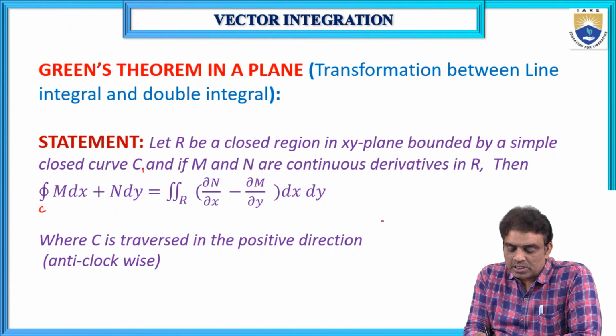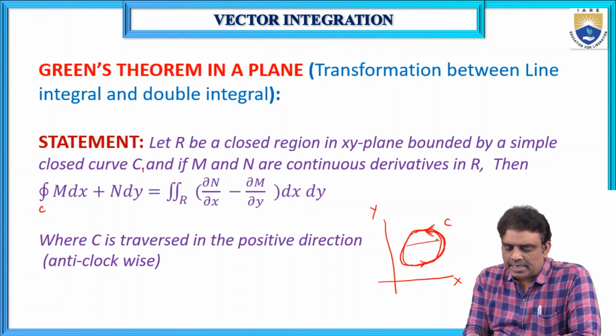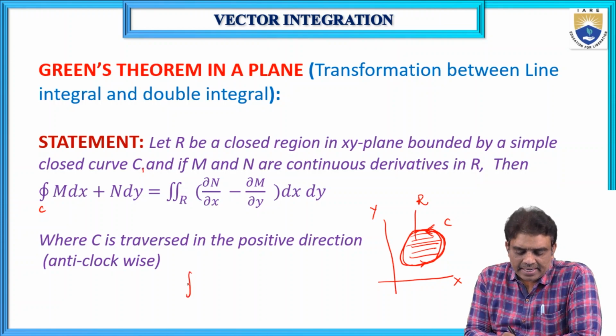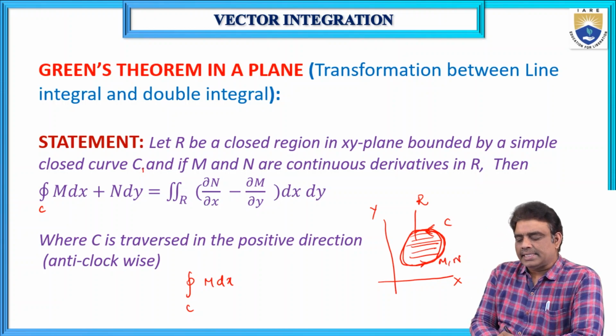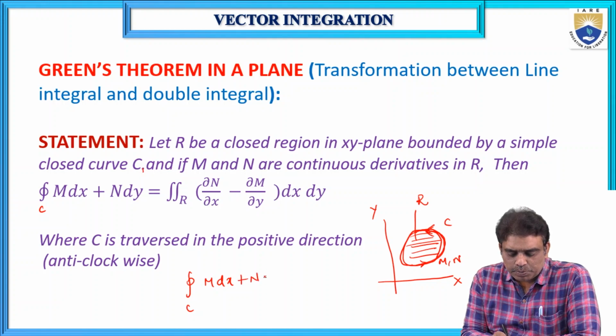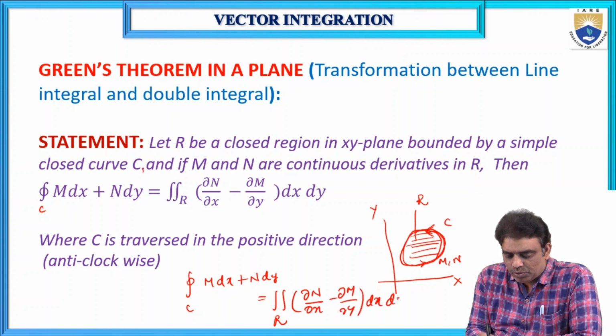That means, suppose you consider the xy coordinate system, and a closed curve C considered in the anti-clockwise direction, and the region bounded by this closed curve is capital R. Then the integral along the closed curve C of M dx plus N dy, where M and N are functions of x and y defined on the curve, is equal to the double integral over the region R of dou N by dou x minus dou M by dou y into dx into dy.